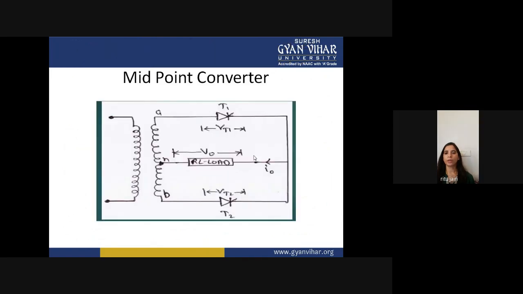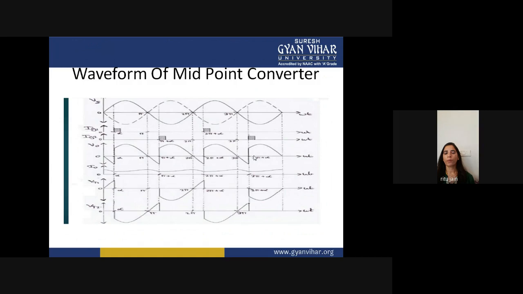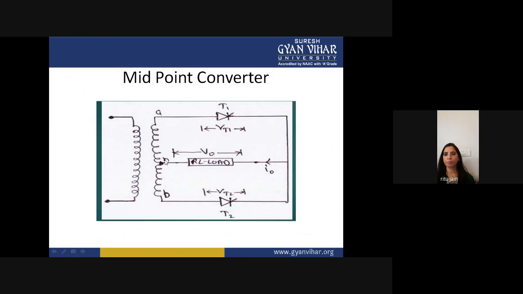So now the point is that during this positive half cycle, you can see that it is conducting from 0 to pi. When we apply positive voltage in this circuit, this terminal becomes positive and this terminal becomes negative for the positive half cycle.